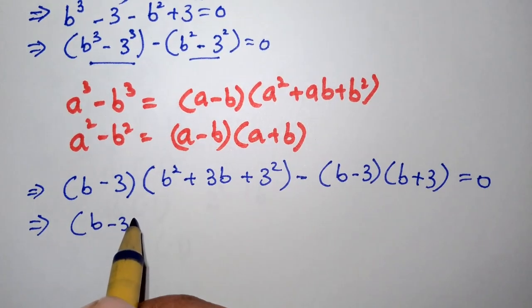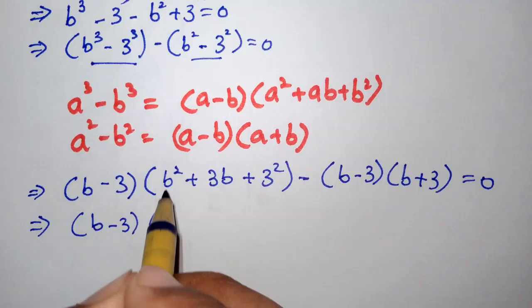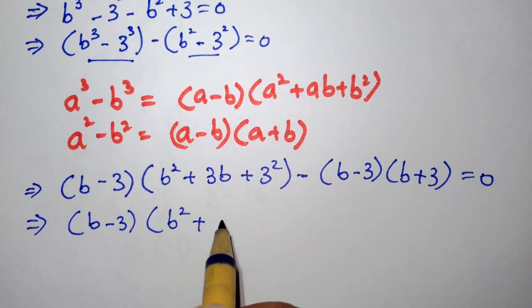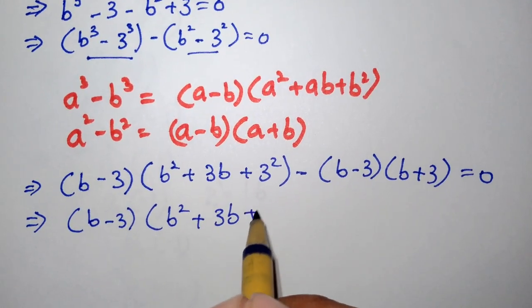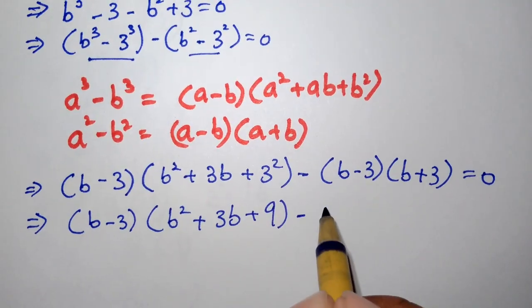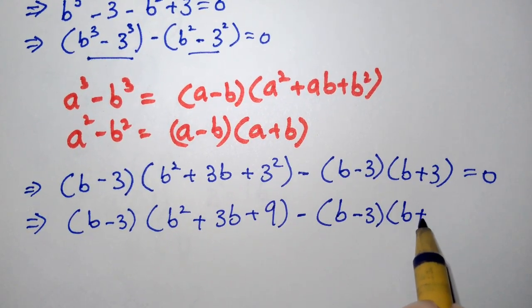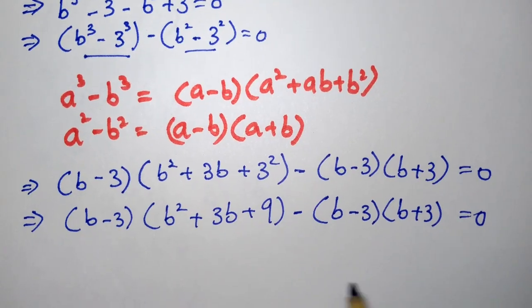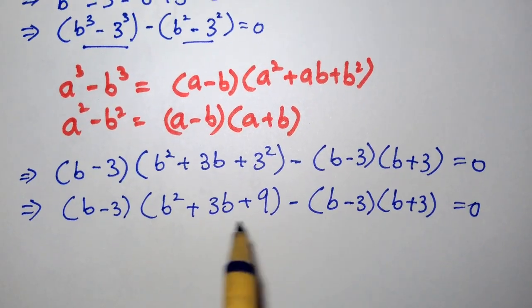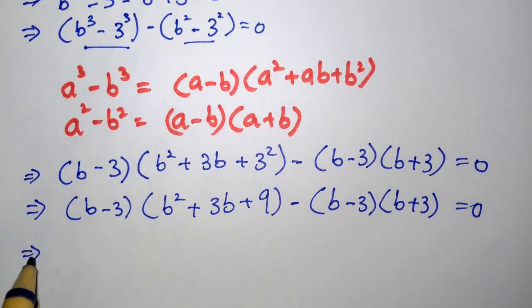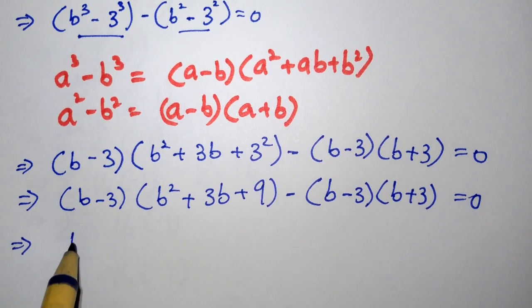B minus 3 times b square plus 3b plus 3 3s are 9, minus b minus 3 times b plus 3. Now we have to common b minus 3, so we take b minus 3 as common.